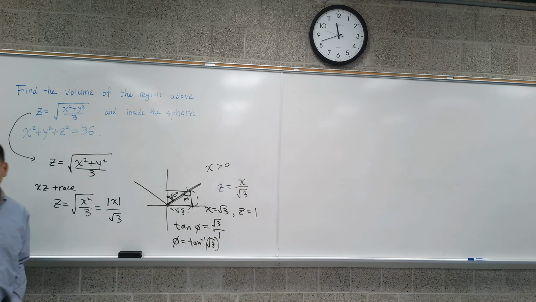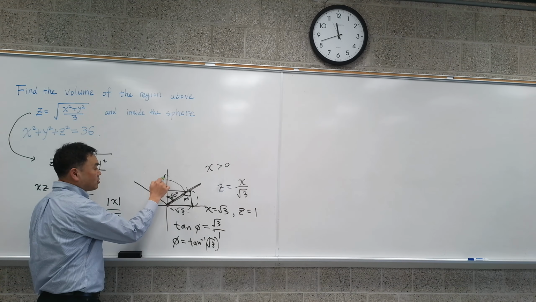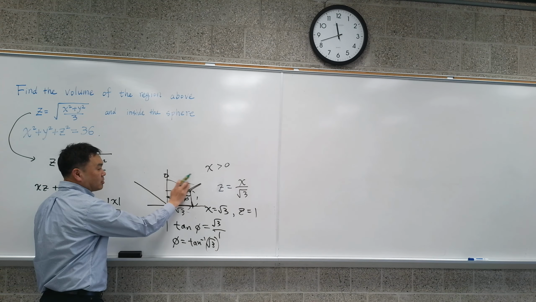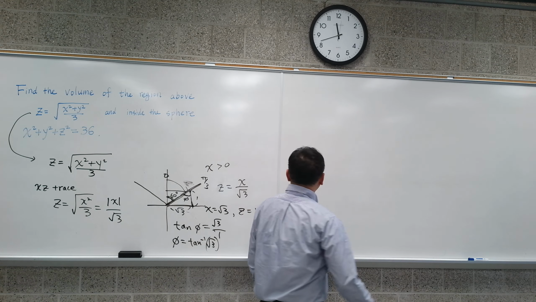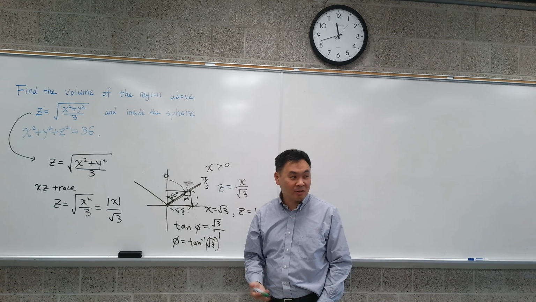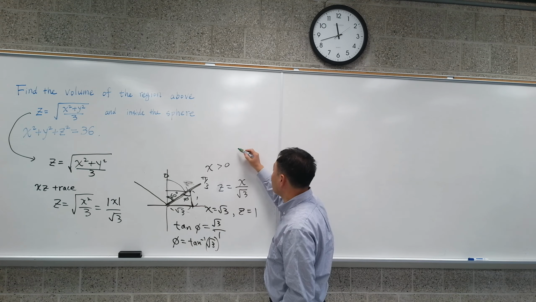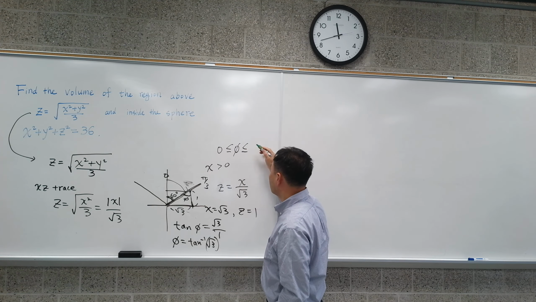Okay? And 60 degrees is the same as pi over 3, so that means the top comes down from 0 degrees to pi over 3. This angle will be pi over 3. Okay? All right, so that was the explanation that says that phi should be between 0 through pi over 3.